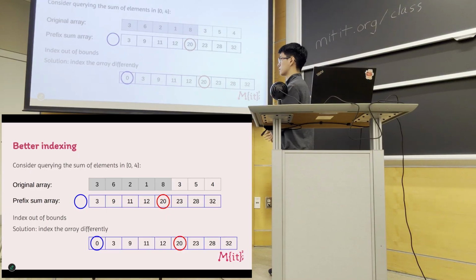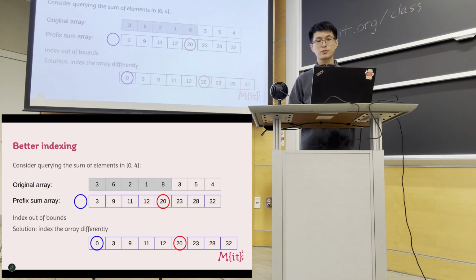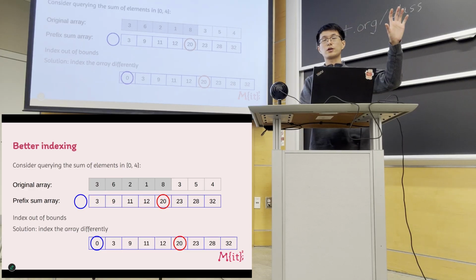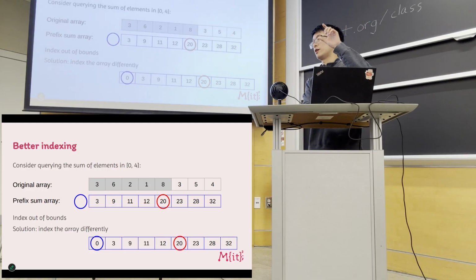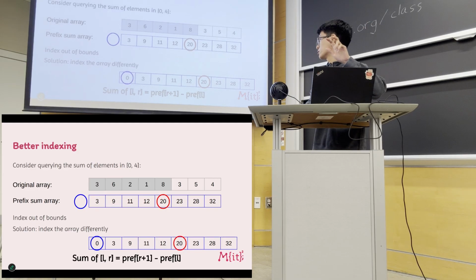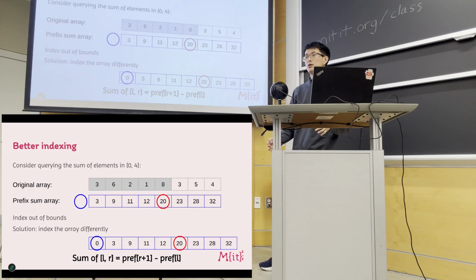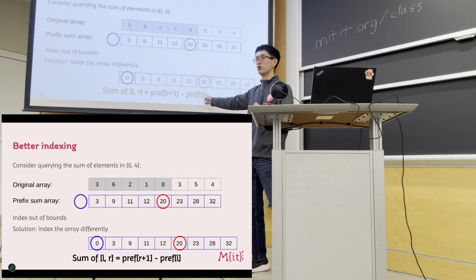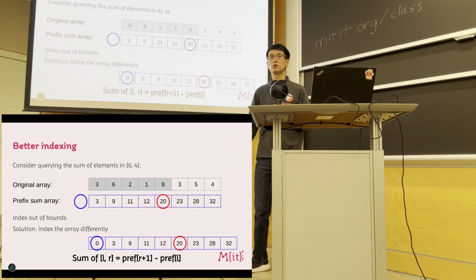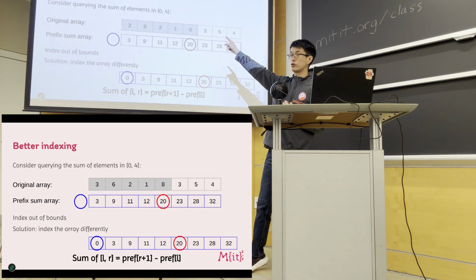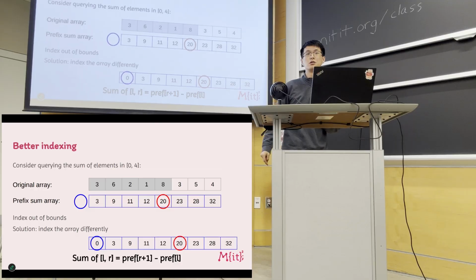Since everything is shifted to the right by 1, instead of querying prefix of R minus prefix of L minus 1, we can just add 1 to those indices to query prefix of R plus 1 minus prefix of L, because we shifted everything over 1 to the right. This also helps us in that we now no longer have negative indices, so this can apply even when we query a left endpoint of 0.